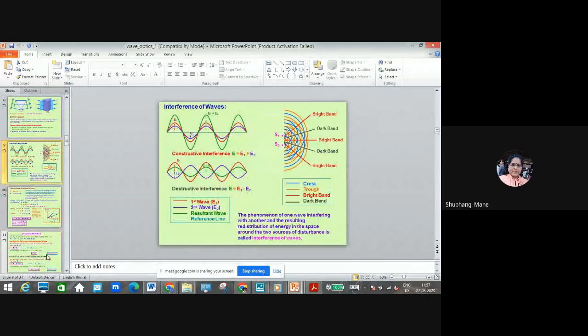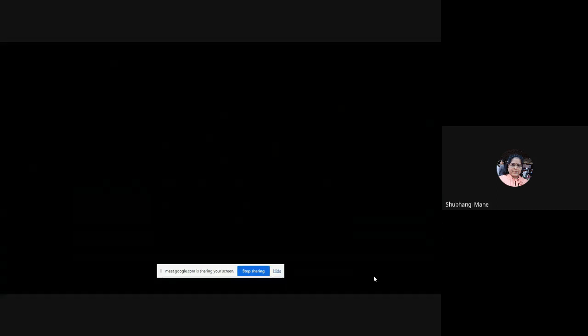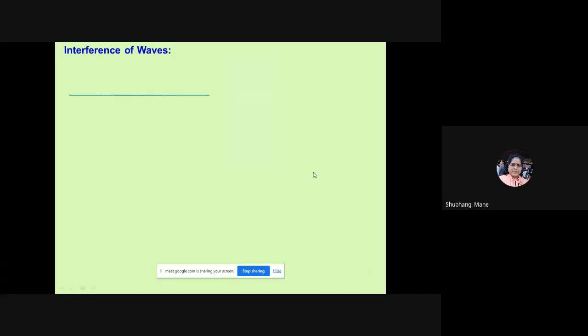Okay. So, interference of waves. Interference is the phenomenon where superposition of two waves takes place, due to which we get alternate dark and bright bands. Here is the first wave, and it is overlapping with another wave, right?